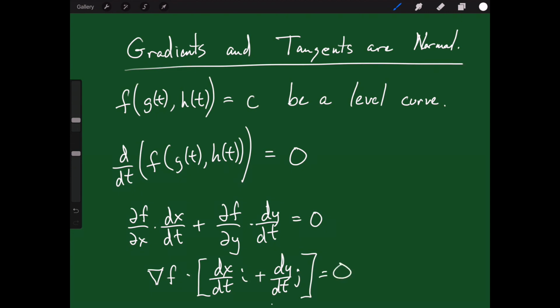But what is this dx/dt i plus dy/dt j? Sometimes we call that vector dr/dt. And dr/dt is what we call the tangent vector.